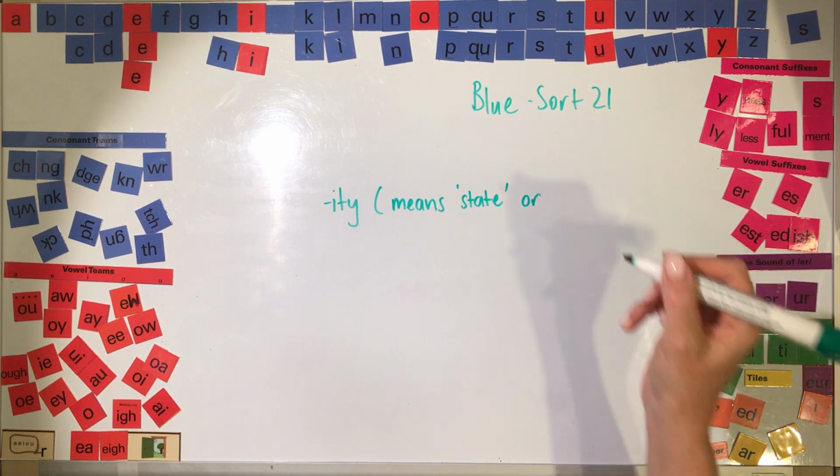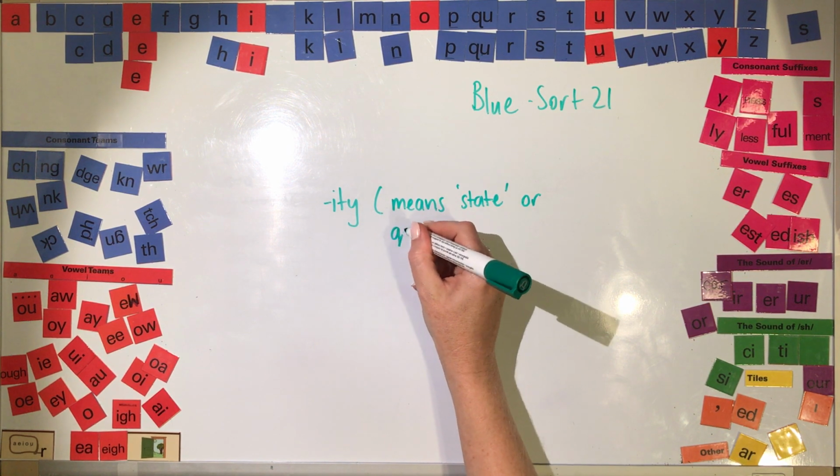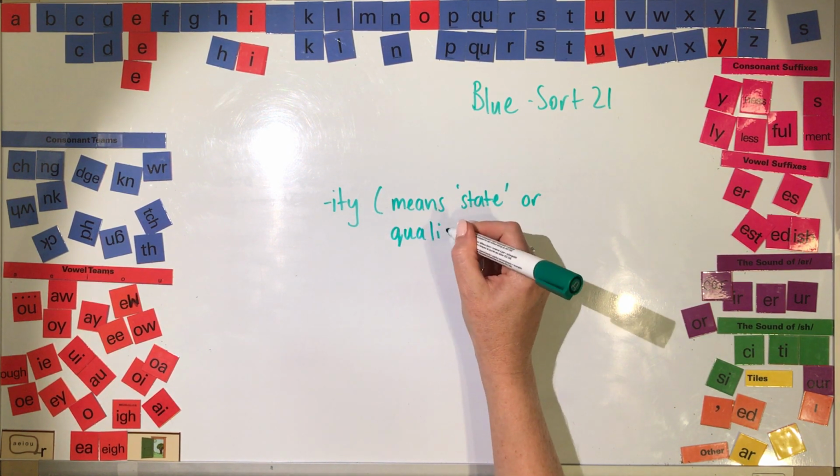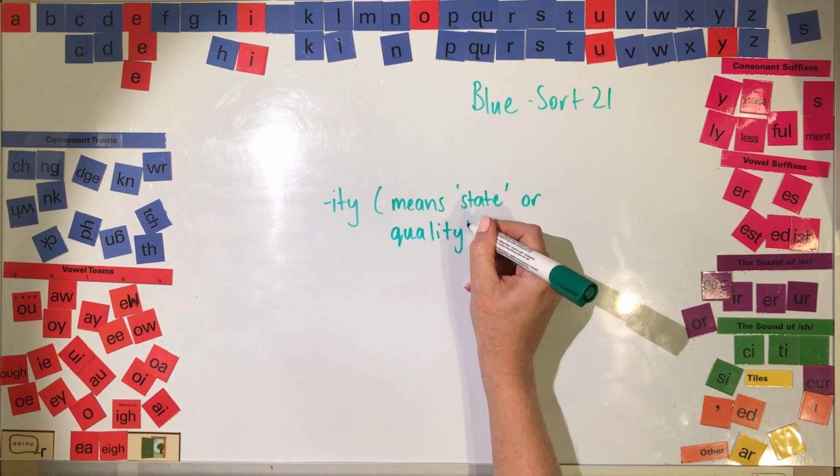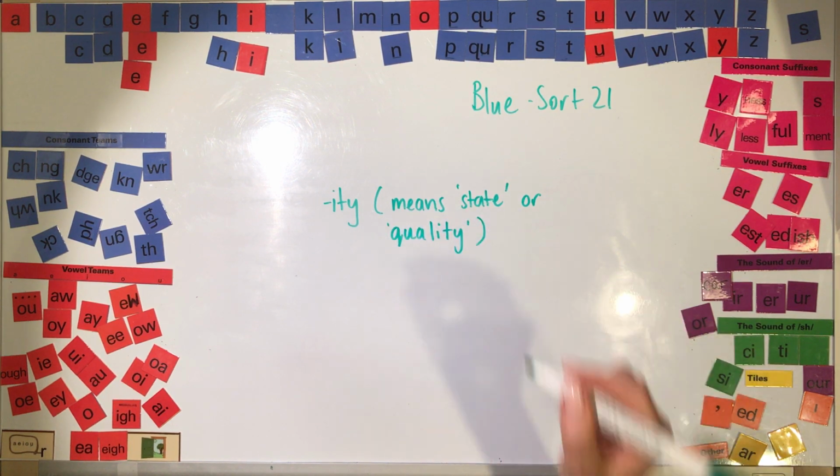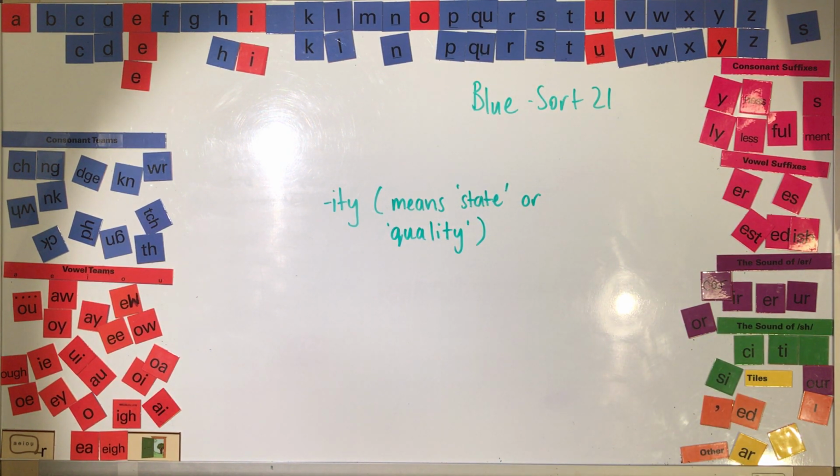State or quality. Okay, so we've got something like personal, and then we say personality, and suddenly it's the state or quality of your personal sense of who you are.